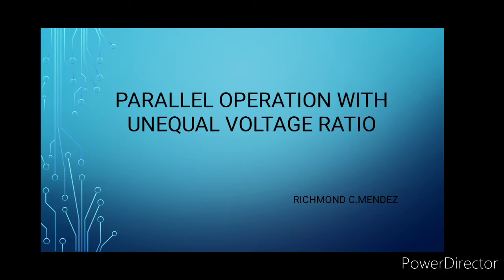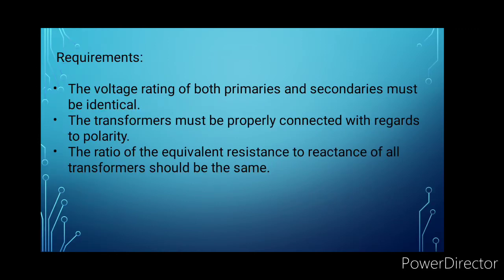My report is all about parallel operation with an equal voltage ratio. Before we go to this certain topic, let us first discuss the considerations or requirements needed to undergo the parallel operation. First, the voltage rating of both primaries and secondaries must be identical. What does it mean?